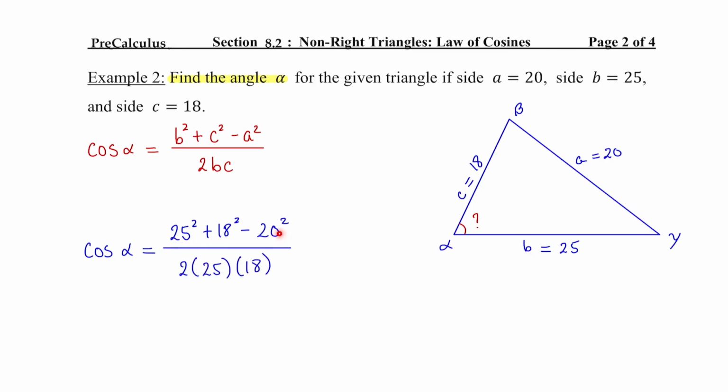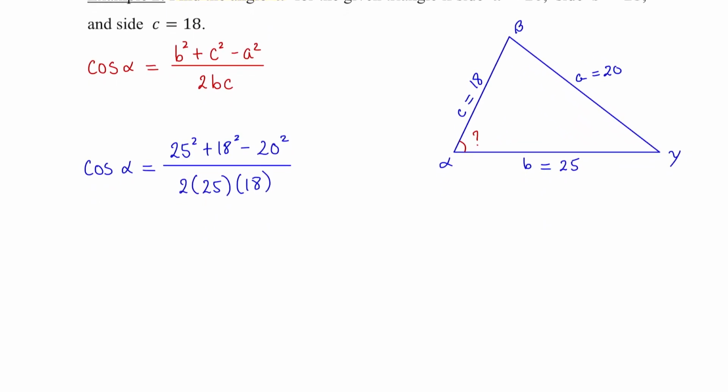25 squared plus 18 squared minus 20 squared is 549. 2 times 25 times 18 is 900. So I have cosine of alpha is 549 over 900. 549 over 900 is 0.61.